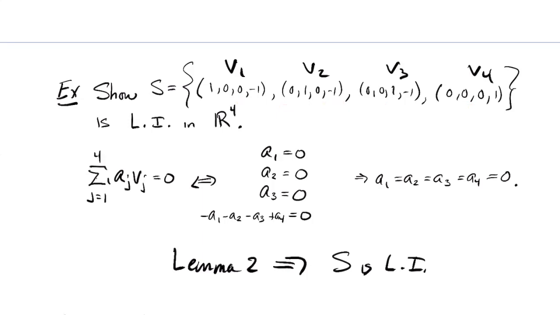It can't be done because it's an independent set. If I could write one of these as a combination of the other three, that's a dependence, and this system would have had a non-trivial solution because of that. But this system's only solution was the trivial solution, where all the coefficients are equal to 0. And so it's an independent set.